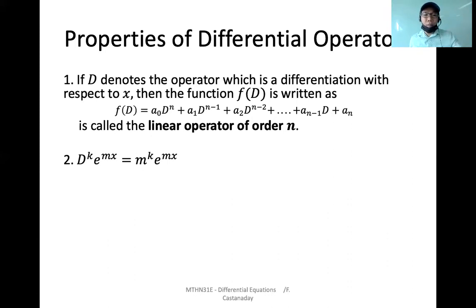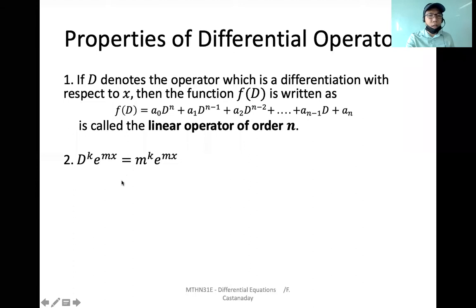Pero pag binasa lang, naka-D raised to k. Ibig sabihin ng k na yan is number na kung ilang beses i-differentiate yung given function. Again, this is a property, so we will not be explaining it in the entire class. Just a brief discussion of these properties.